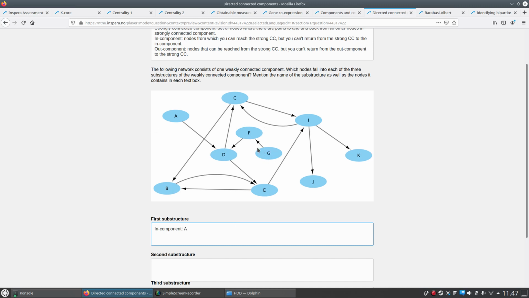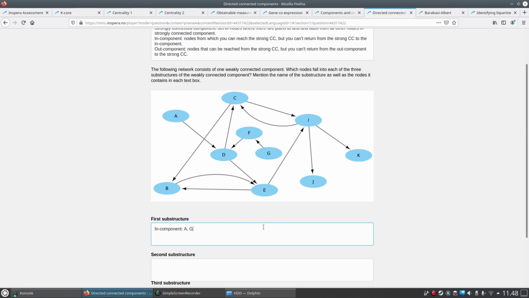Similarly, G also only goes out, so G is going to be in the in component. See that F also only goes out to D, but the only thing that goes into it is G, which is in the in component. So F itself is also going to be in the in component.